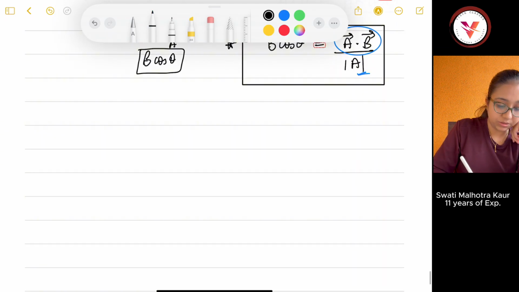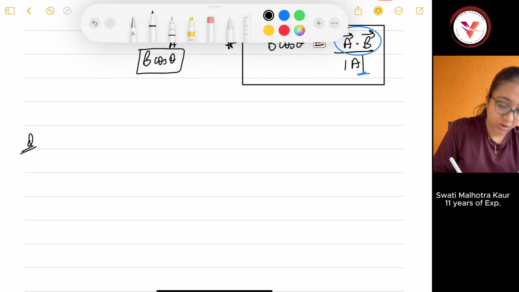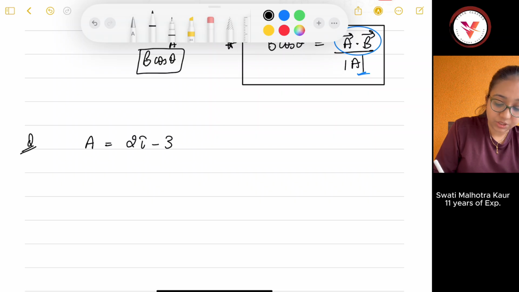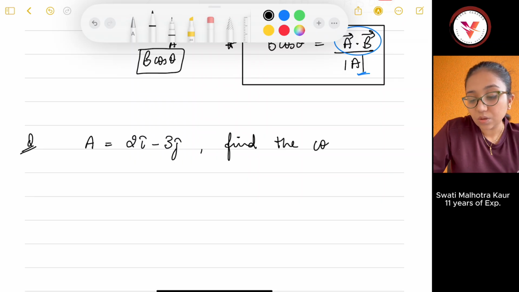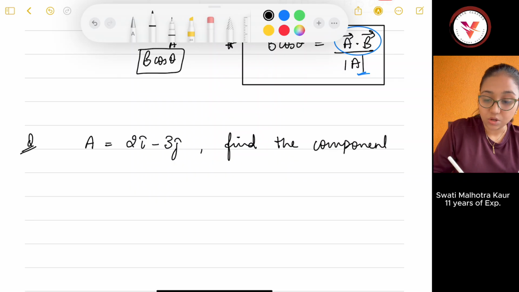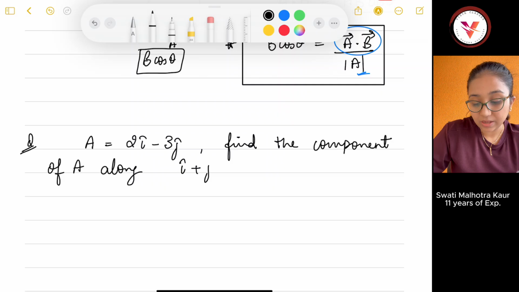We'll do one question. Let's say your A vector is 2i cap minus 3j cap. Find the component of A along i cap plus j cap and i cap minus j cap.